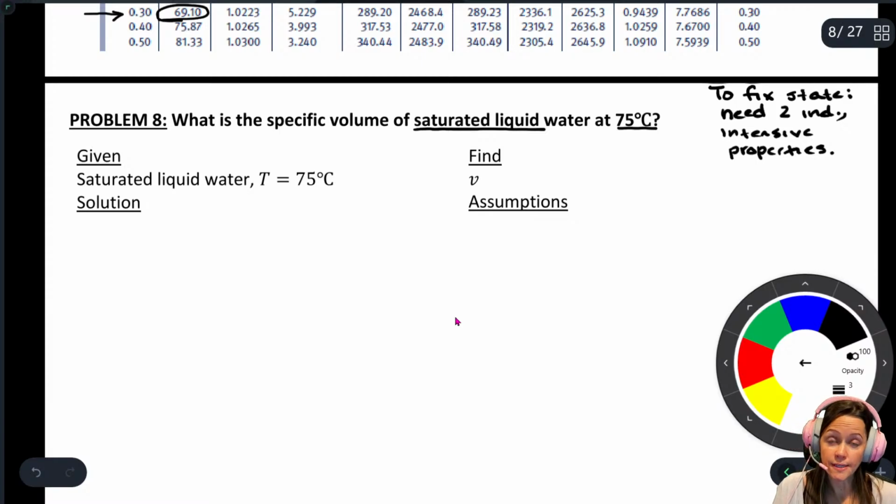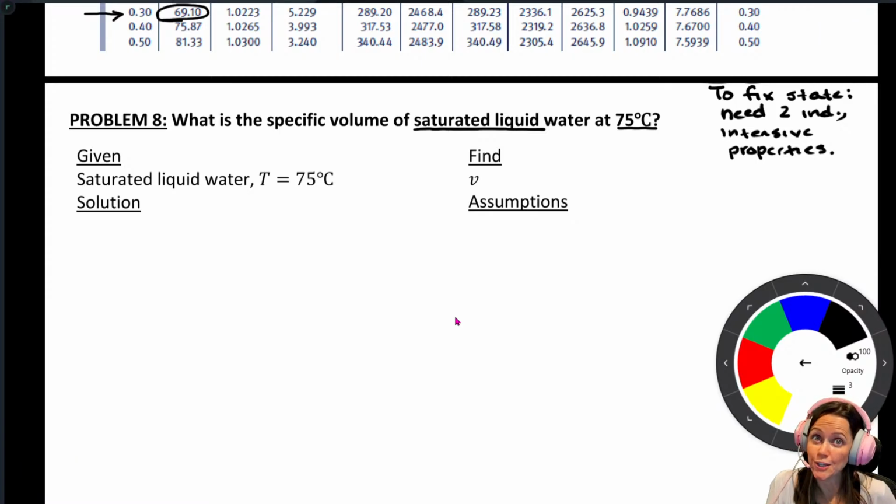Right. And fixing the state is important. Figuring out what phase you're in is important because that tells you which tables to go to. So we just looked at table A2 and A3, but we also have tables for compressed water and superheated water, as we'll see shortly. So you need to know where to go.